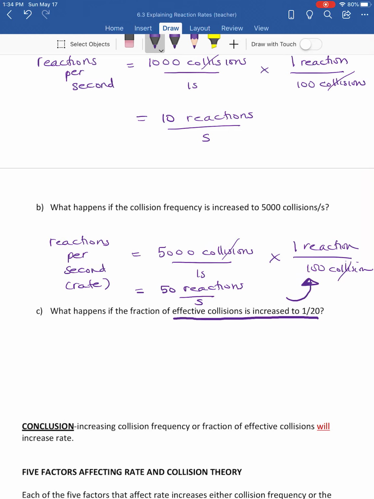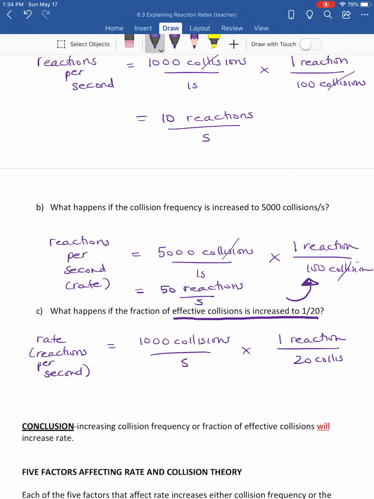Let's go back to our original situation where I have my rate, which is my reactions per second, right? And we'll go back to the situation in A where I have 1,000 collisions per second, and I multiply that by 1 reaction over 20 collisions, so we've got way more efficacy happening here.